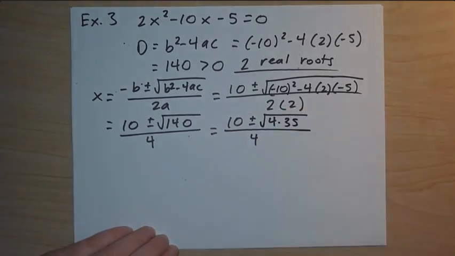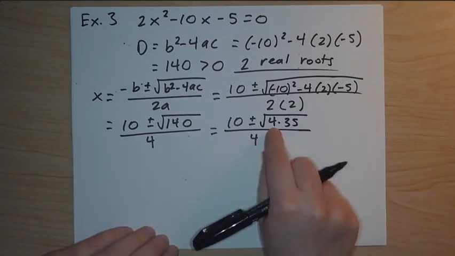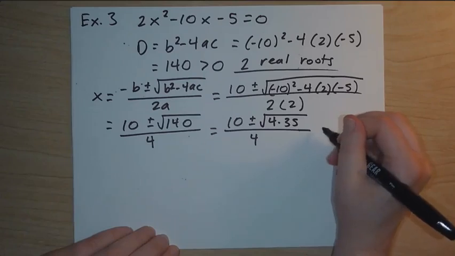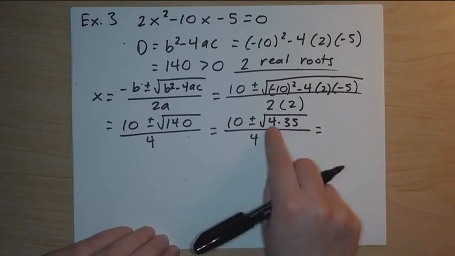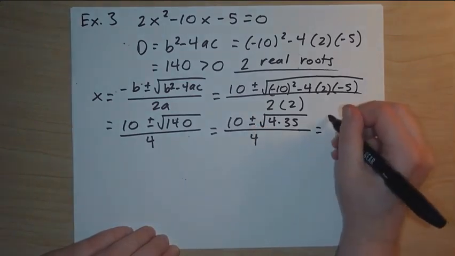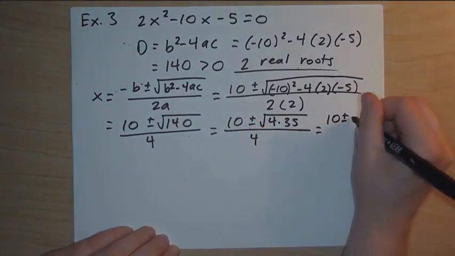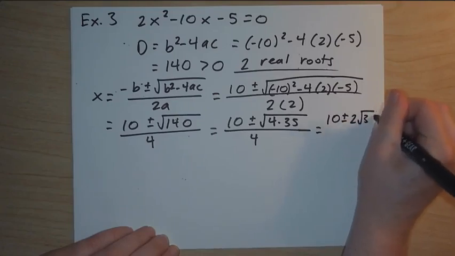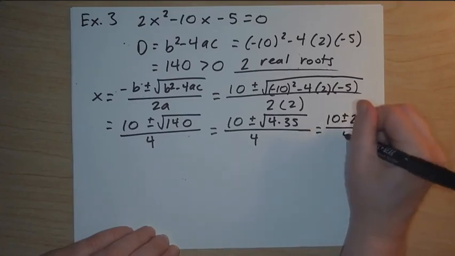The reason we broke it down this way is because 4 is a perfect square. It's 2 times 2. So we can pull the 2 out to the front of the square root. So this is 10 plus or minus 2 times the square root of 35 divided by 4.